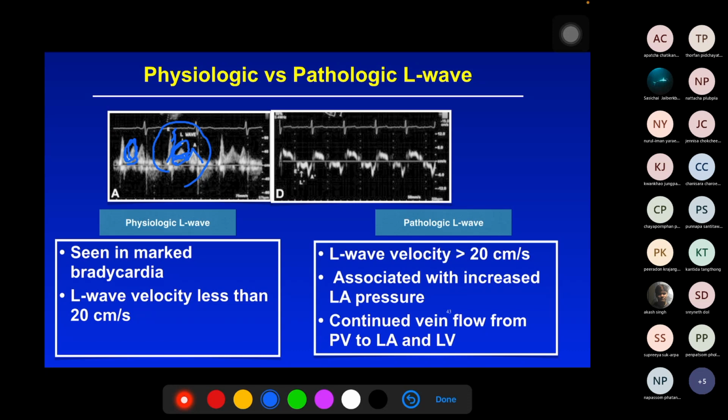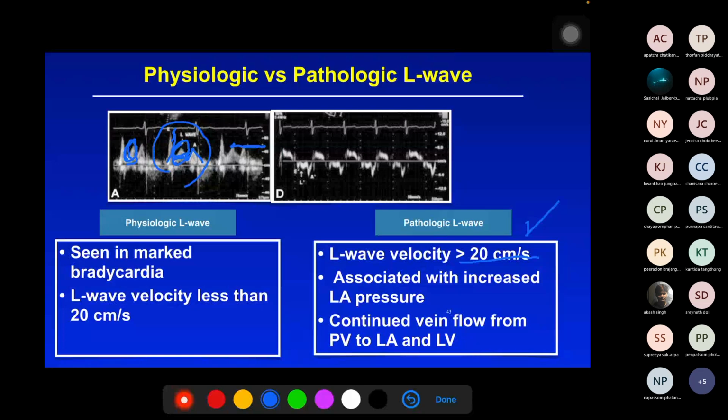The physiologic L wave velocity, if you measure here, should be less than 20 centimeters per second. But the pathological L wave is prominent, and the velocity is over 20 centimeters per second. This is abnormal, and it represents high LA pressure.